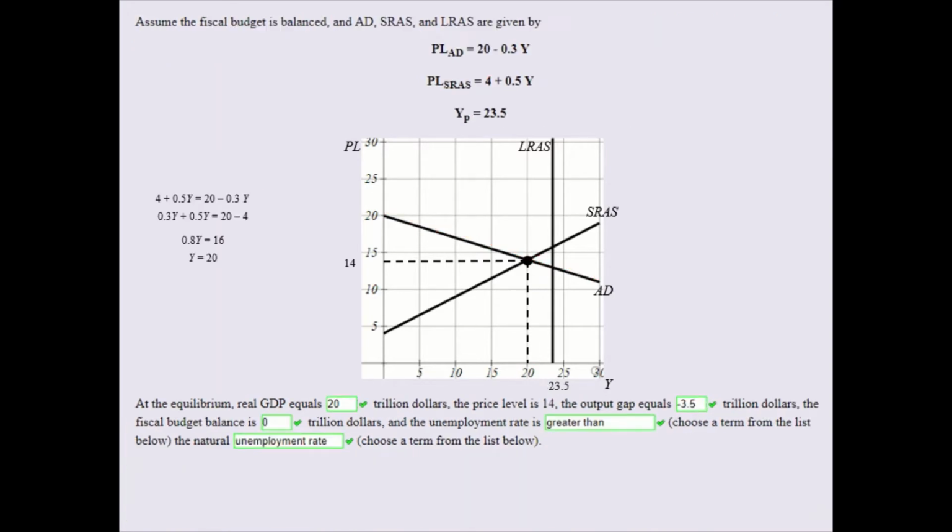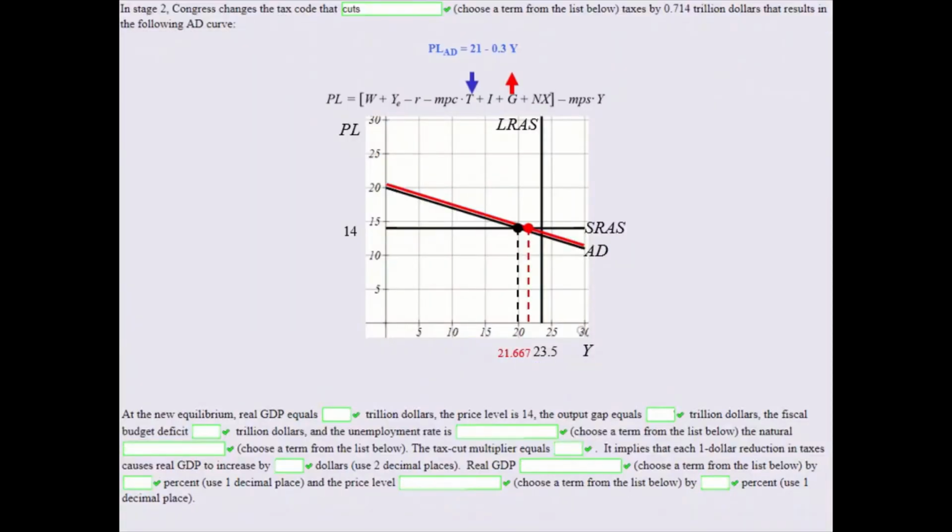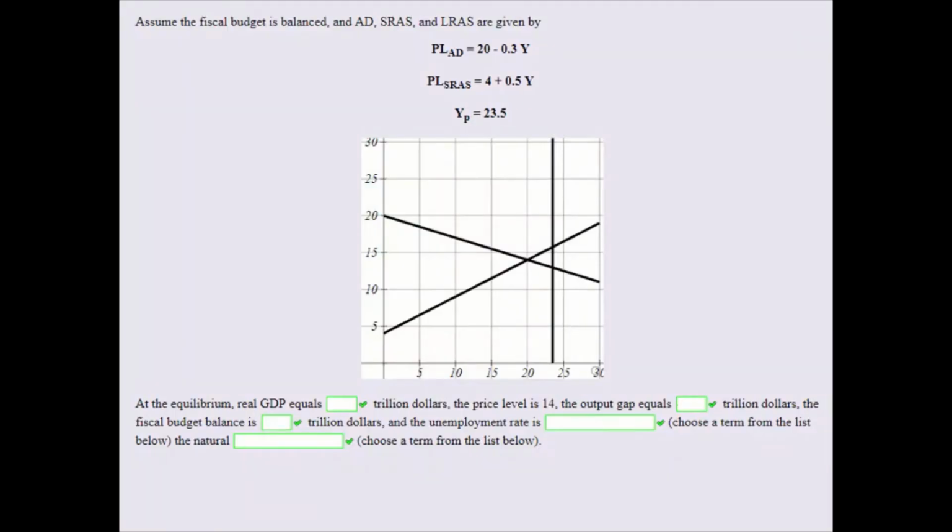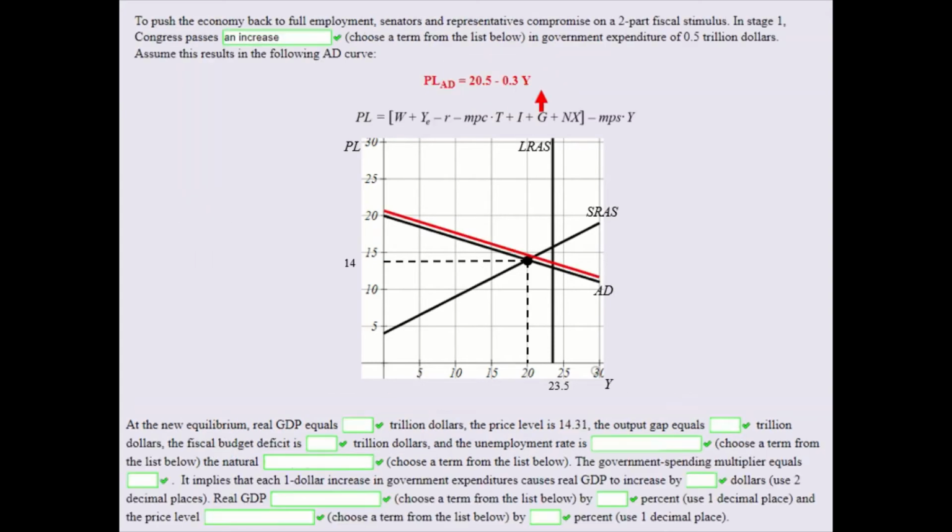Remember, in the Keynesian model, when we did the increase in government spending, GDP increased to 21.667, right? That's a 1.667 or $1.667 trillion increase in GDP. In the neoclassical model, GDP only increases by $0.625 trillion.